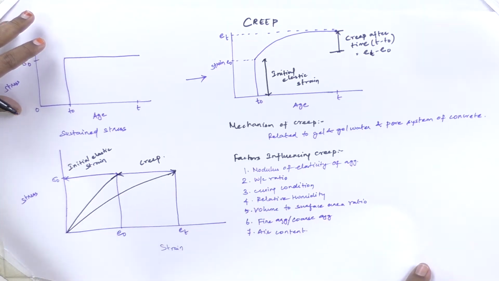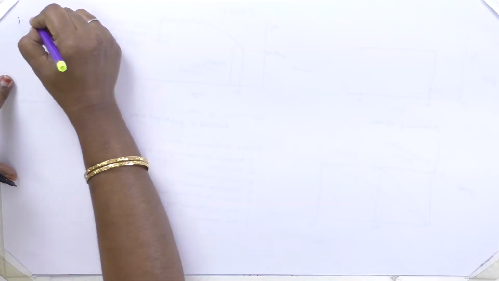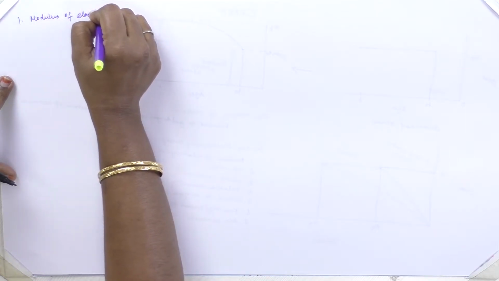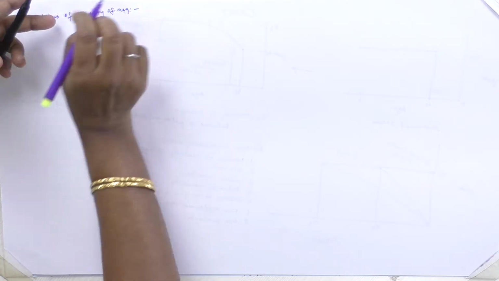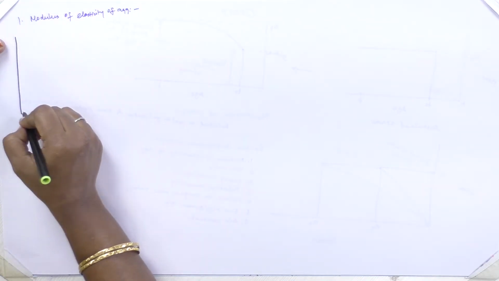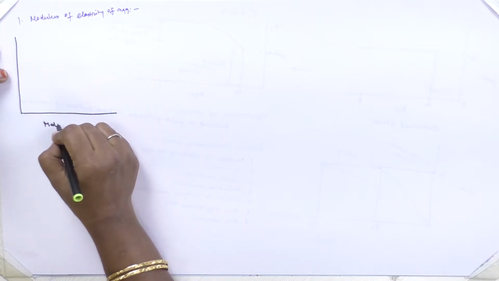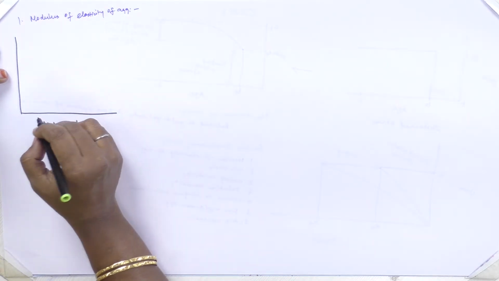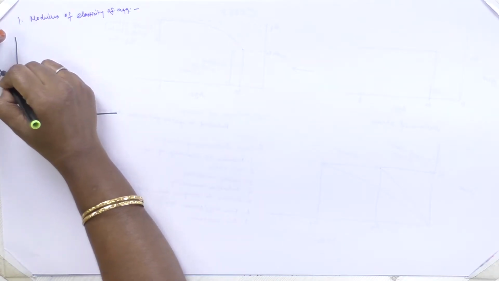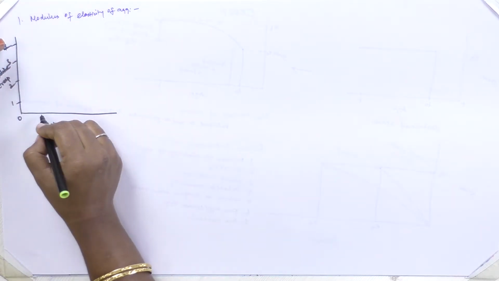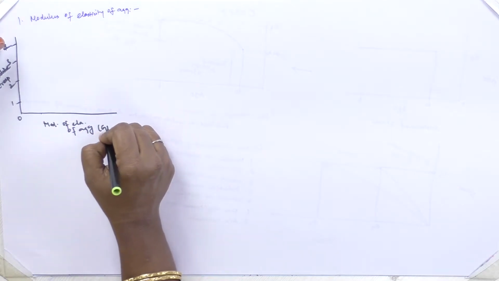Now we'll discuss each of these factors. First one is modulus of elasticity of aggregate. This is the modulus of elasticity of aggregate, and this is the relative creep. This is in GPa.